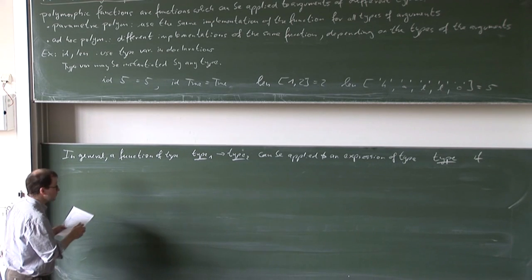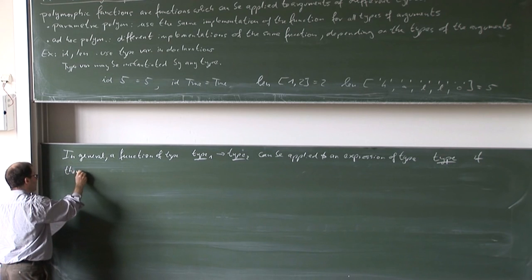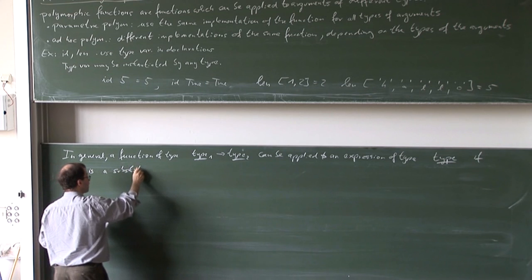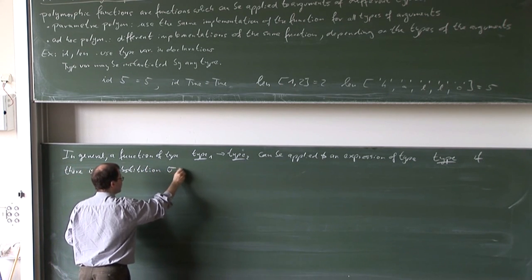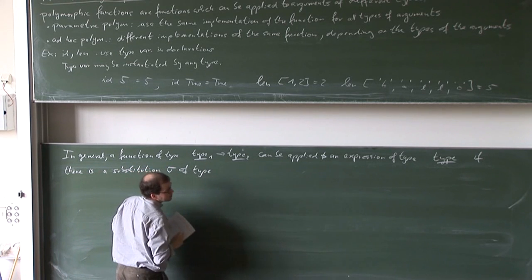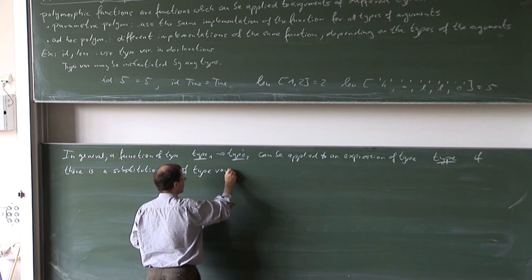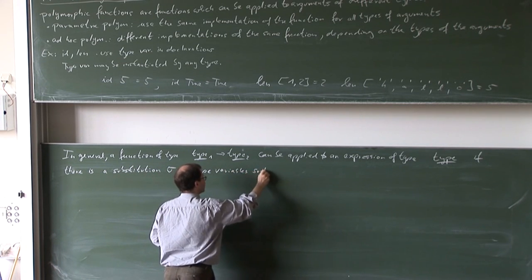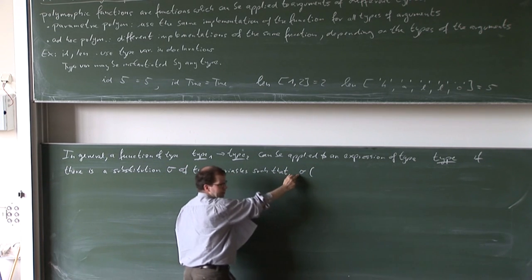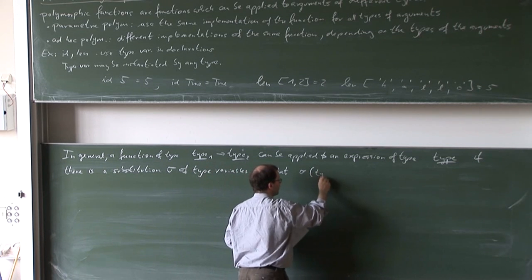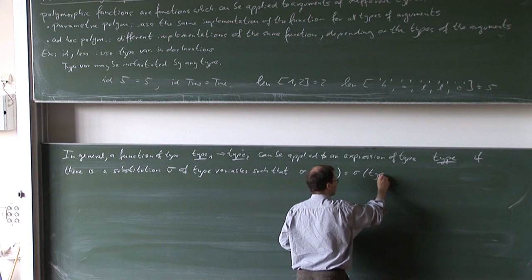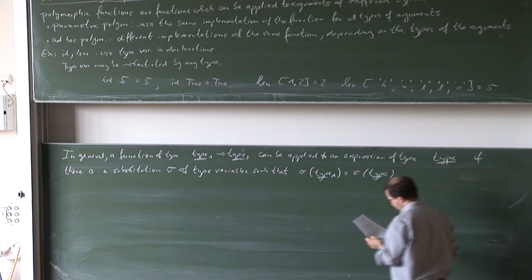So if there is a substitution sigma of type variables, the type variables in type 1 and in the type of the expression, such that if you instantiate these type variables in this way, then type 1 will be the same as the type of the expression that you want to apply the function to.